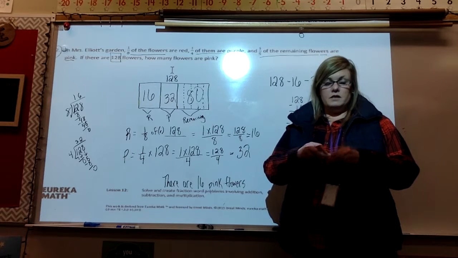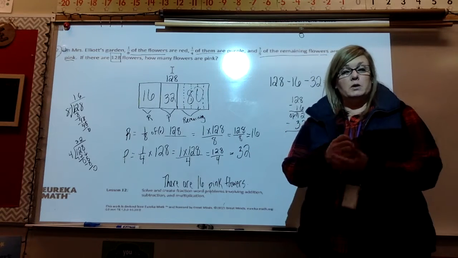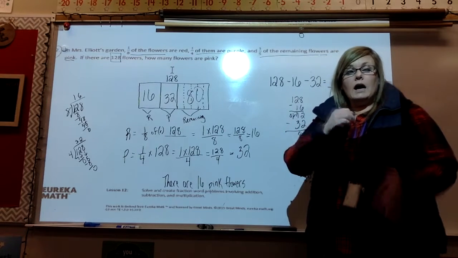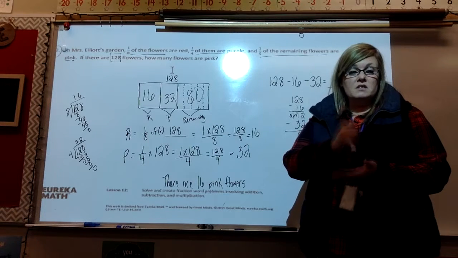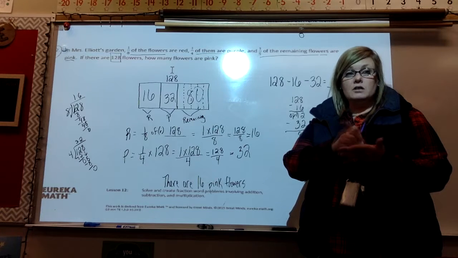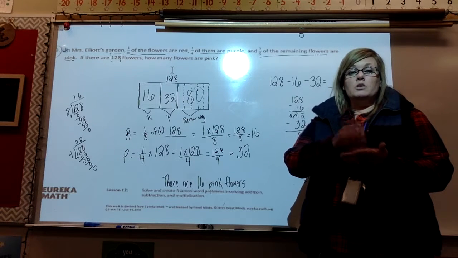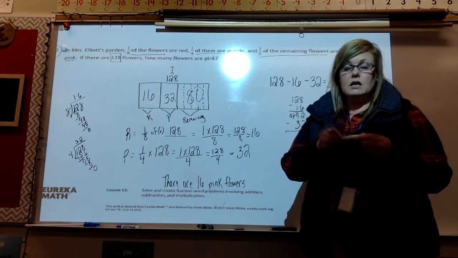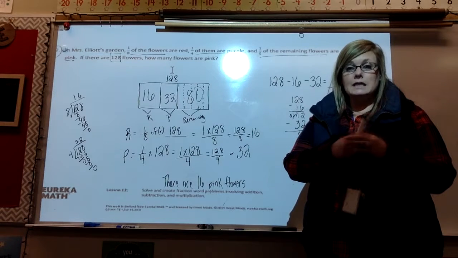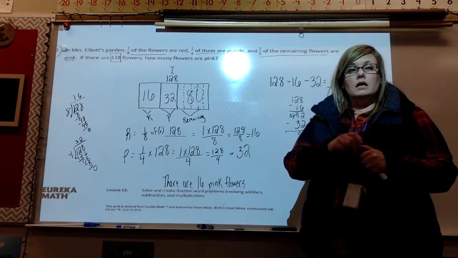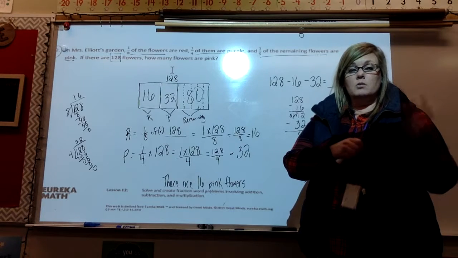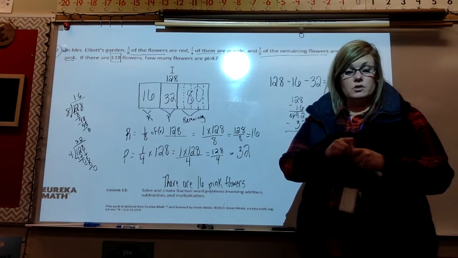I know these problems are fairly difficult. I just am expecting you to try your hardest. The next step that you're going to do, according to your checklist, is you guys are all going to work on Zearn Lesson 11. And when you're finished with that, you can do your exit ticket and work on ST Math. You're not working on the 4C activity today.